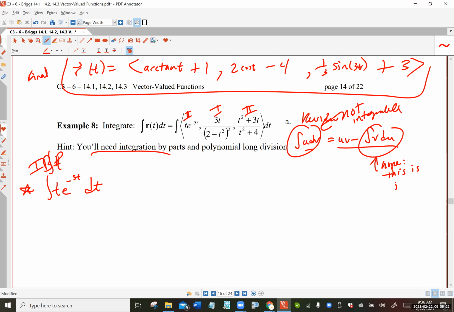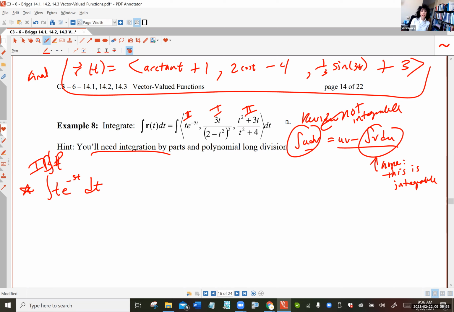I do have a question here. If the problem is extremely huge, do you want us to use this method entirely, or could we use the tabular method? I prefer you not use the tabular method in my class. And you probably won't need to because I don't give repeated integration by parts typically.